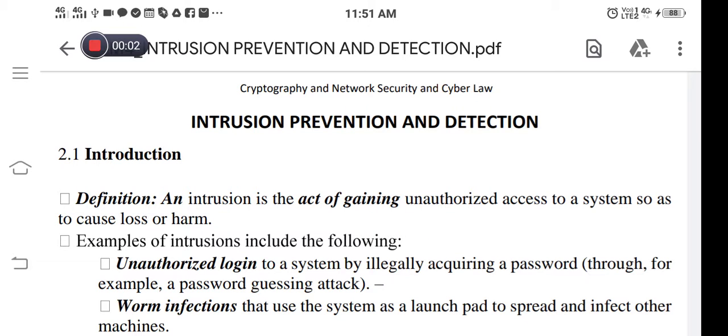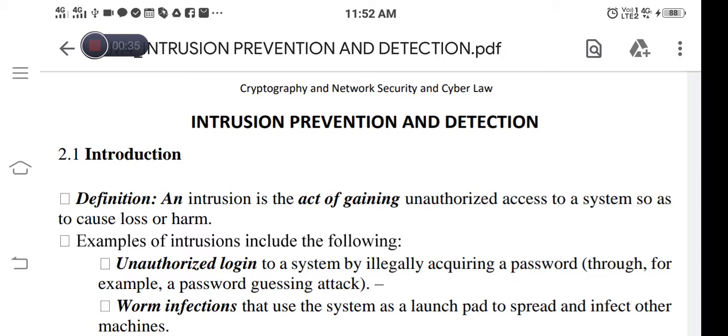Let us start with the intrusion prevention and detection system. This is again the module 4 portion. In module 4, up to now we have covered the chapters with respect to IEEE 802.11i. The next chapter is viruses, worms and malware, and the third chapter is firewalls.